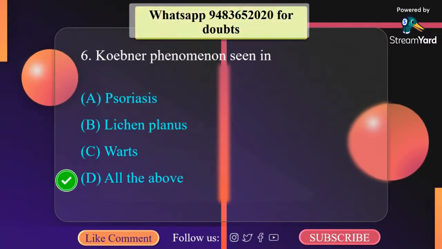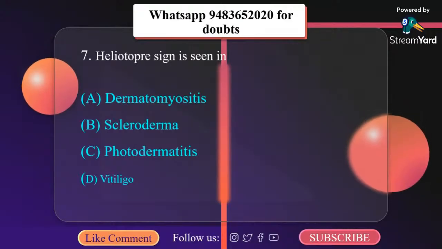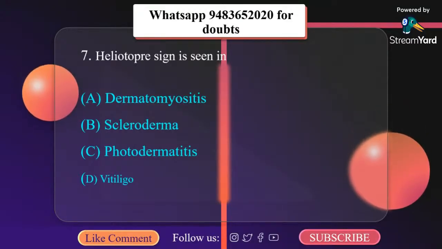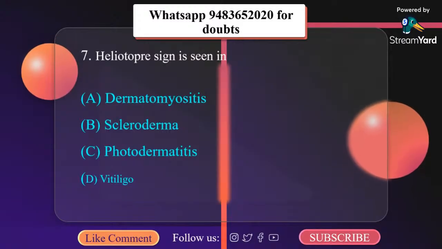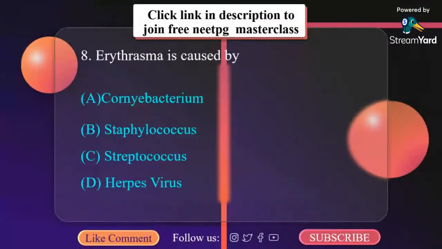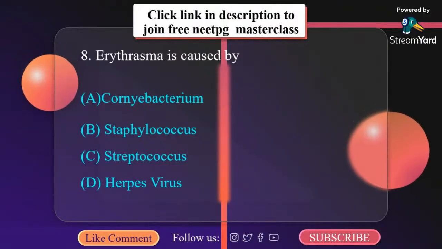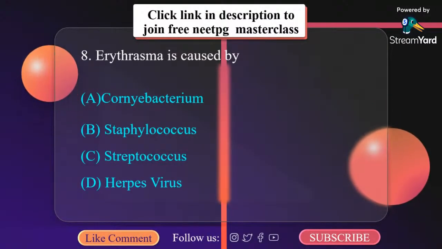Heliotrope sign is seen in: A. Dermatomyositis. B. Scleroderma. C. Photodermatitis. D. Vitiligo. It is seen in dermatomyositis. Erythrasma is caused by: A. Corynebacterium. B. Staphylococcus. C. Streptococcus. D. Herpes virus.